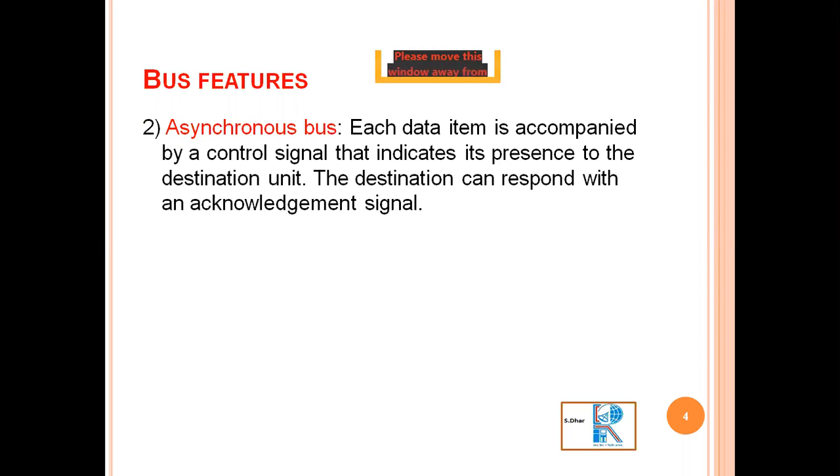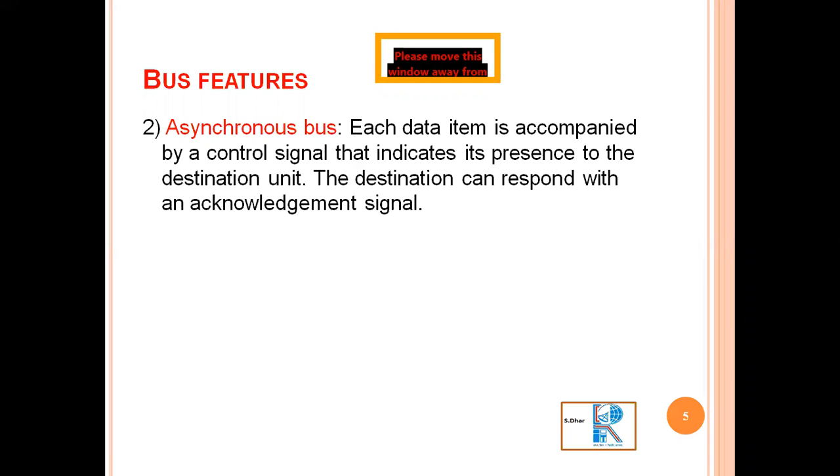So this is the asynchronous bus. Asynchronous bus means each data item is accompanied by a control signal that indicates its presence to the destination unit. In the previous case, no additional control signal is required for transferring the data from one device to another device. But in this case, one or two additional control signals are required.